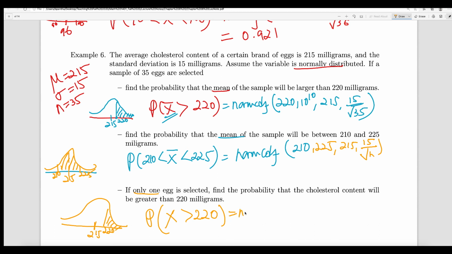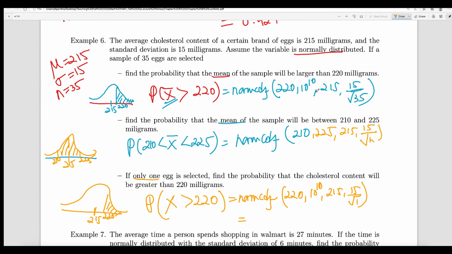In the normal CDF, the left bound is 220, the right bound is 10 to the 10, and the mean is 215. Sigma is just sigma. You don't have to divide by root n because n is 1. Sigma is 15 over root 1, that is just 15. So you don't have to even write root 1 because it is not asking about the mean. If it was asking about the mean, then you would need root n, but otherwise you don't. And then you use the calculator to find that.